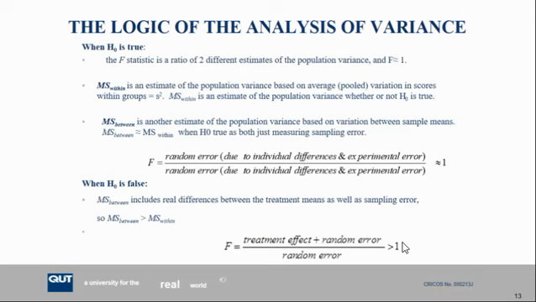And that, in fact, is what we're testing. Is the difference between the scores in each of our conditions big enough to assume that it hasn't simply occurred due to random sampling error? Okay, so our F will be greater than 1 when our null hypothesis is false and our IV has actually had an effect.